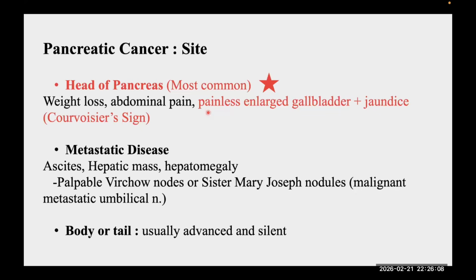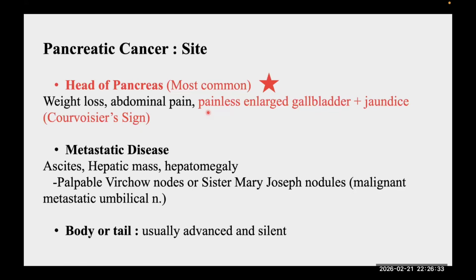So whenever someone is performing a physical exam and they sense that the gallbladder is enlarged, but the patient does not report any pain, and there's associated jaundice, this is highly suggestive of pancreatic cancer. Other causes of this obstruction that cause an enlarged gallbladder, like a gallstone, are usually painful. If it's not painful, then it suggests pancreatic cancer.